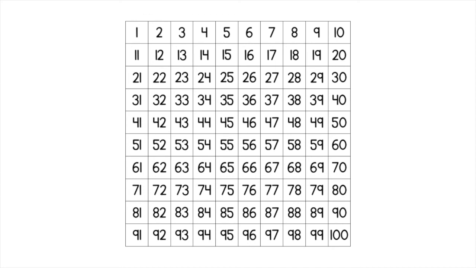So say if we had 23, take away 10 would take you to 13. And then if you wanted to take off another one, that would take you to 12, and another one would take you to 11. And the whole point is it's trying to get you back to 0, and getting back to 0 is quite a powerful thing when it comes to subtraction.